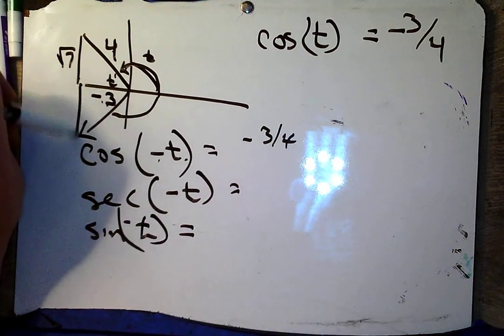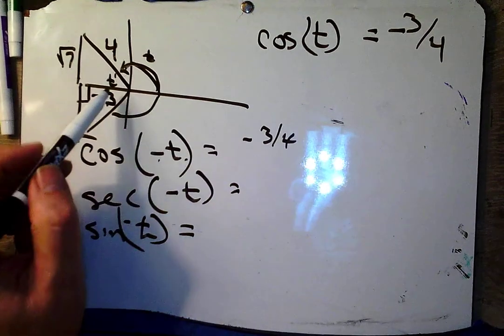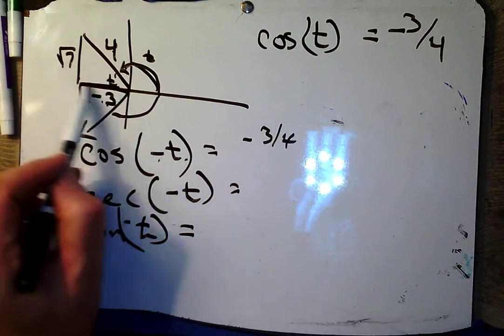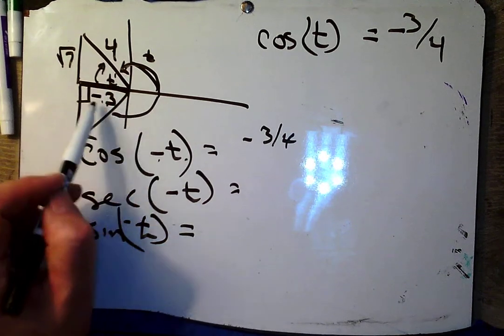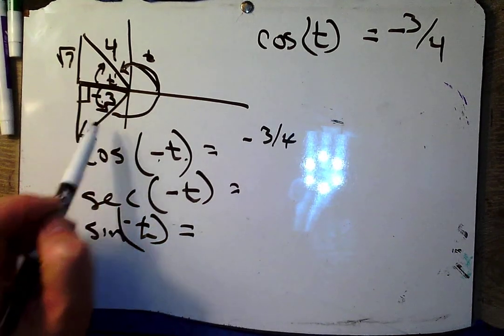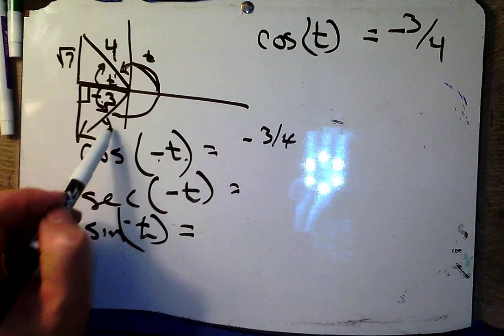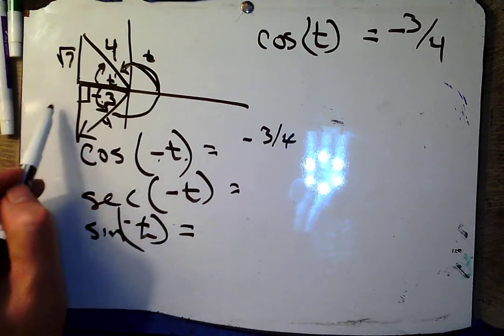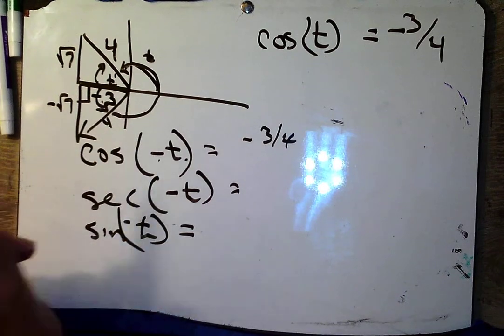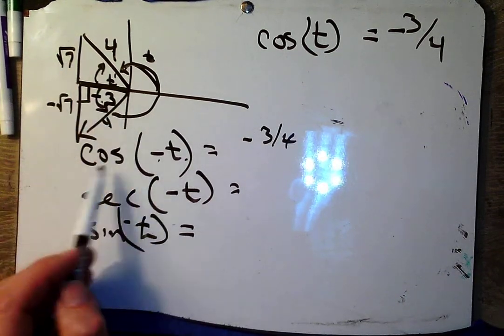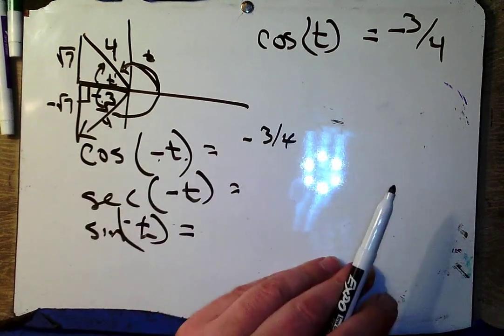One way is that this minus 3 is the same adjacent side for this angle as it is for this angle, and this hypotenuse is going to be the same in both triangles. This will be a negative root 7 because we're in third quadrant. So, yeah, cosine of negative t is negative 3/4.